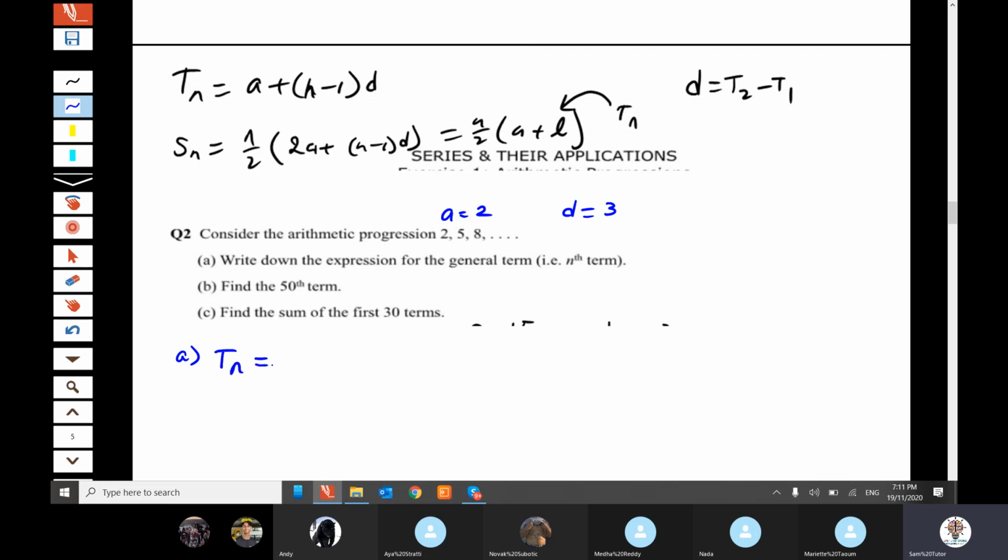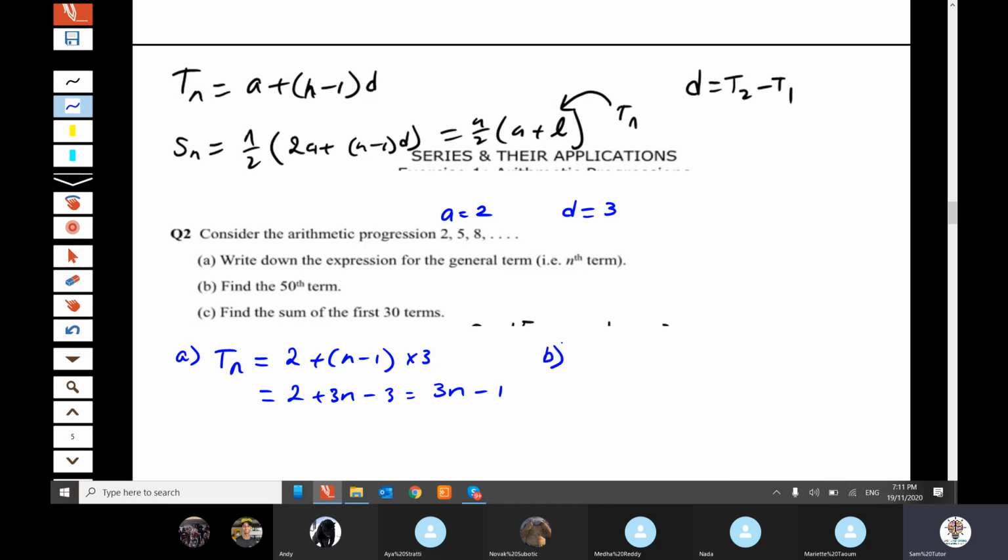So the general term, Tn equals a plus (n minus 1)d, equals 2 plus 3n, take away 3. The answer is 3n, take away 1. Now you found the general form for any n term.